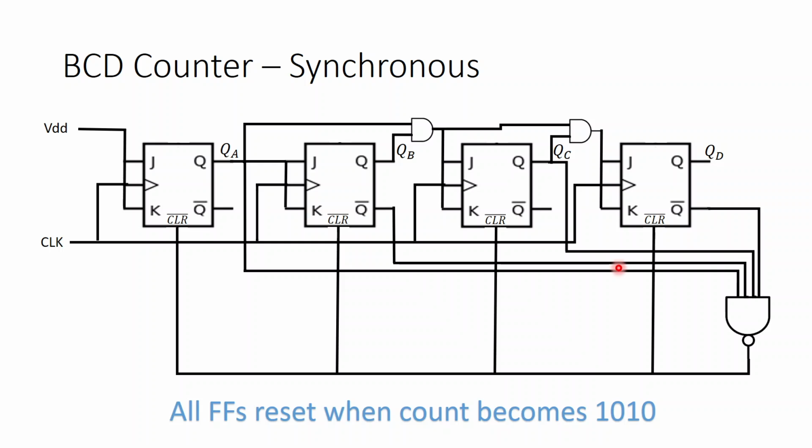Because at no other count other than 1001 this is going to trigger, at every other instant J will become 1, and K also has to become 1, so K must not be 0. So you have to do some more complicated circuitry at K, and that is what makes it a bit complicated to design synchronous resetting.